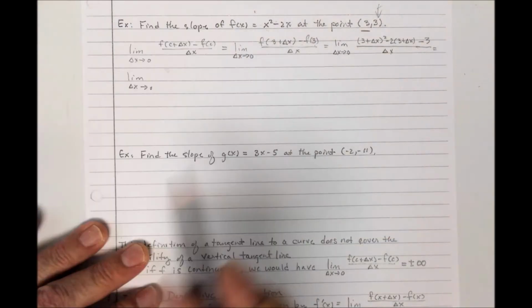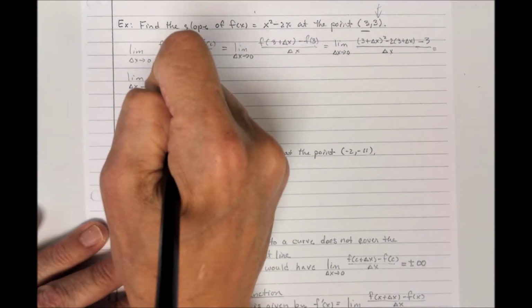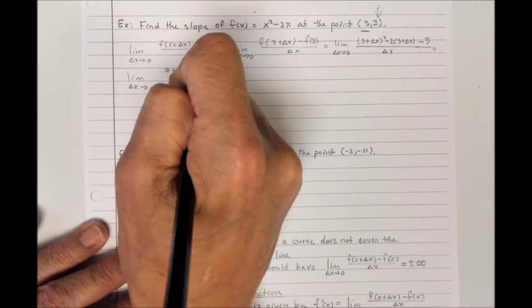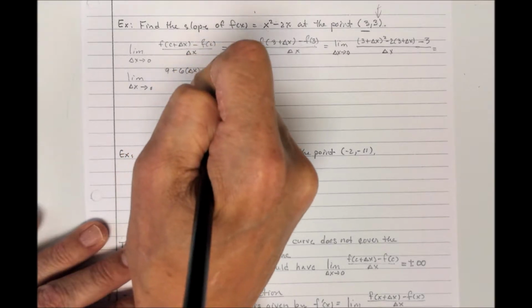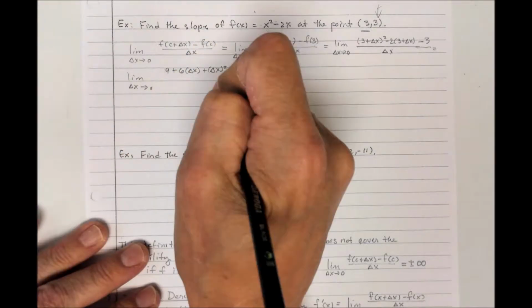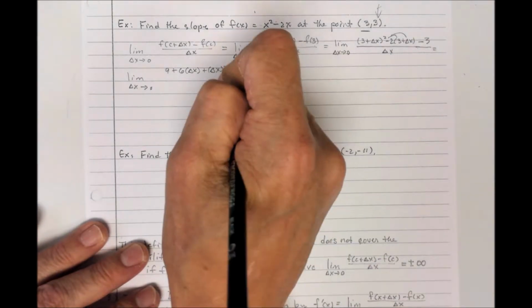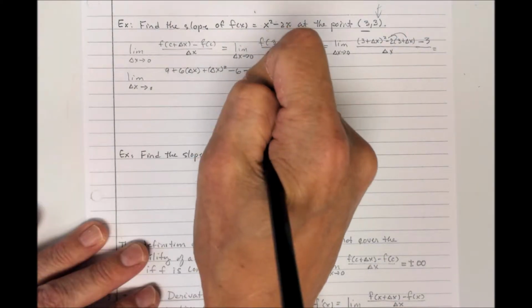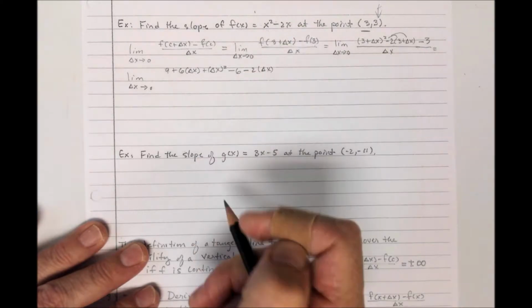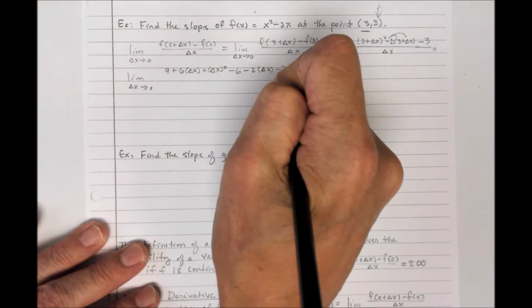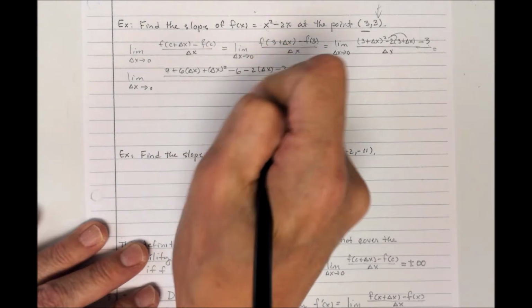I think you know what 3 squared is. 9 plus 6 times delta x plus delta x squared, minus, distributing here, 6 minus 2 times delta x, minus 3, all over delta x.